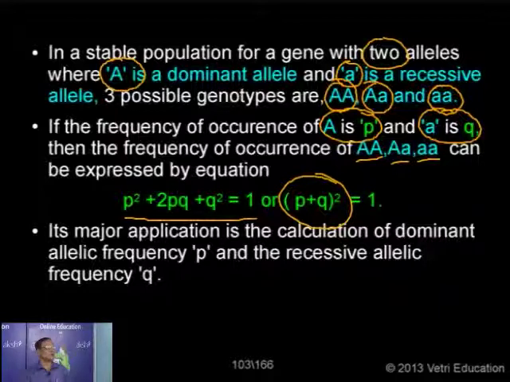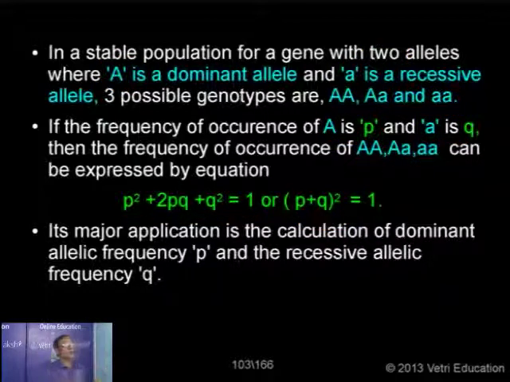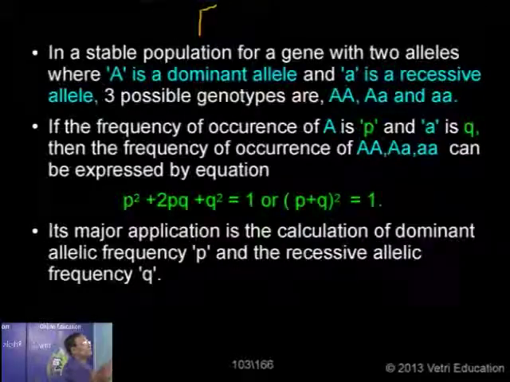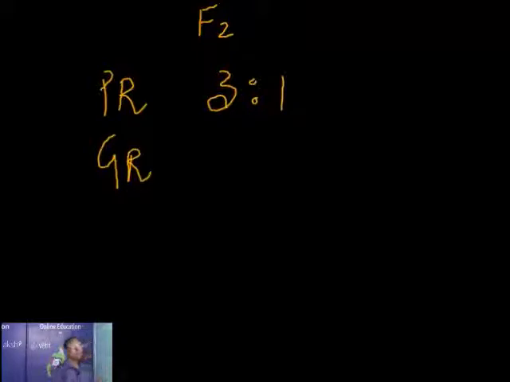Recall the monohybrid cross. In the case of a monohybrid cross, in F2 we receive the ratio 3:1. This is the phenotypic ratio. Suppose we take the genotypic ratio, recall the cross between tall versus dwarf.